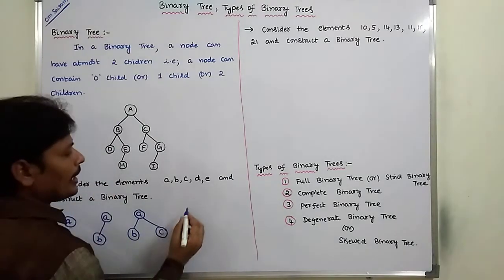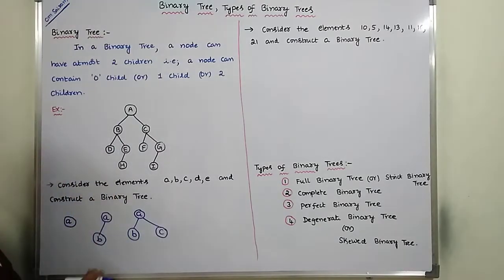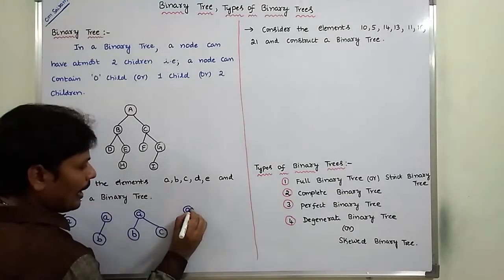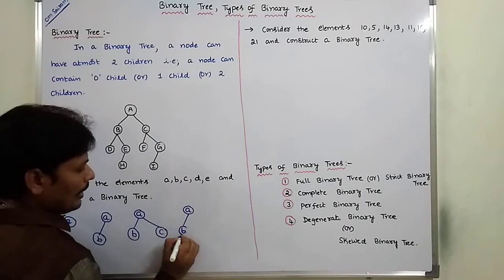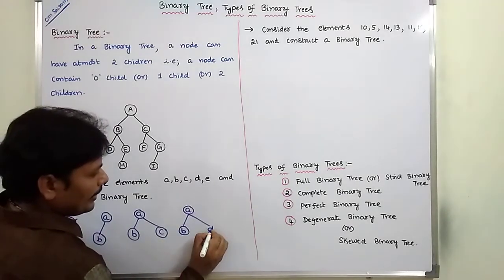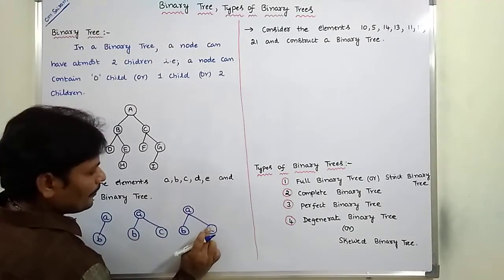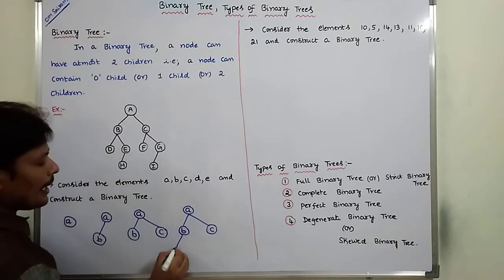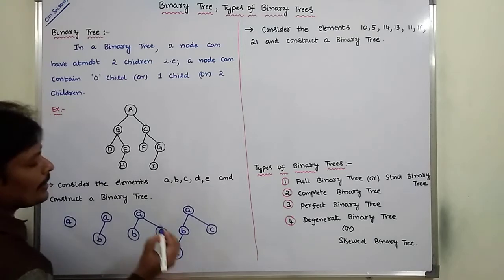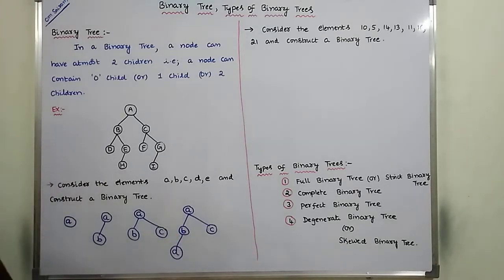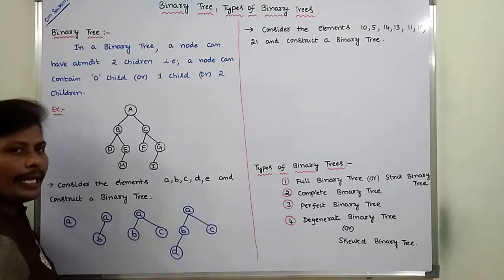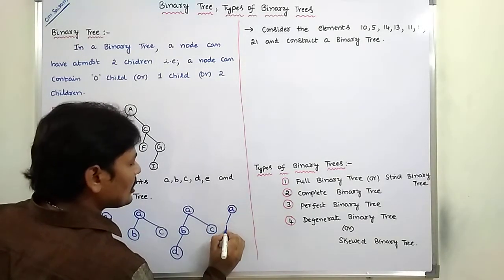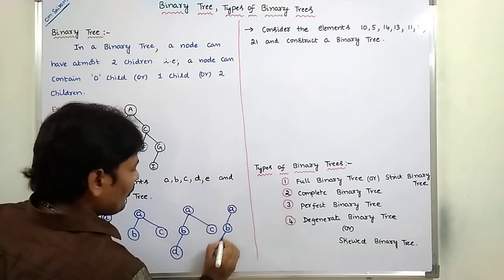Next element is D. D can be inserted as the left child of B. Next we have to insert element D. D can be inserted as the left child of B. Next one is E. E can be inserted as the right child of B.